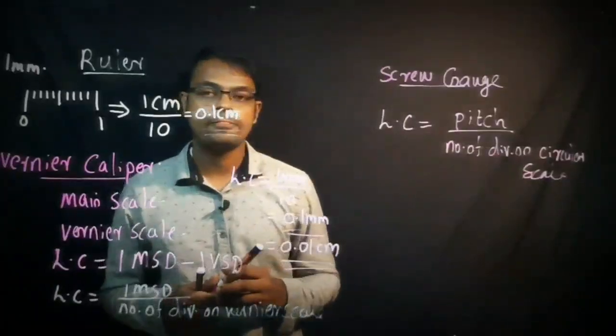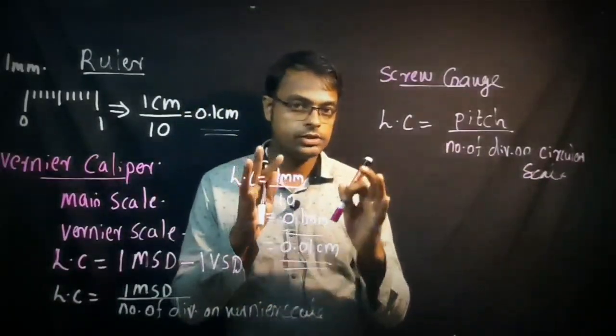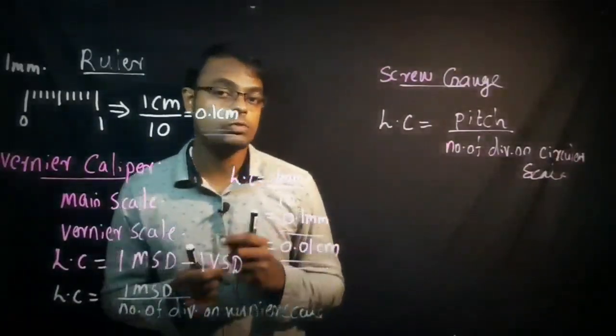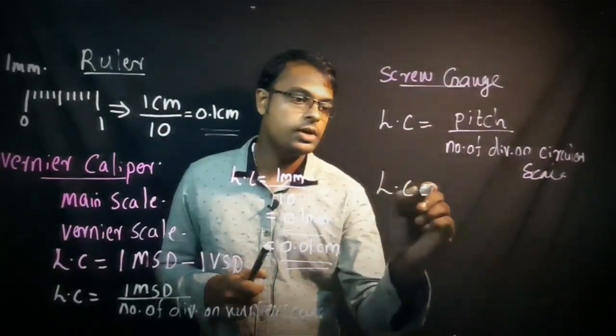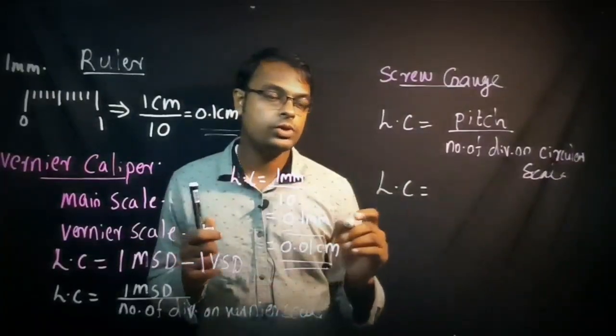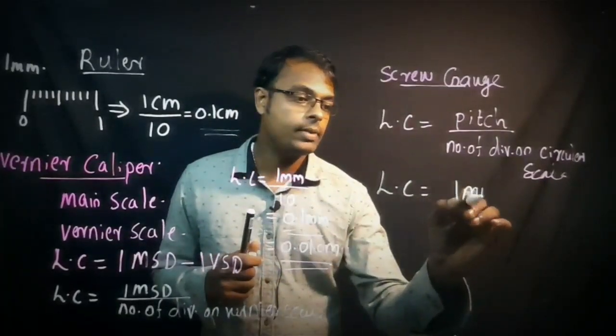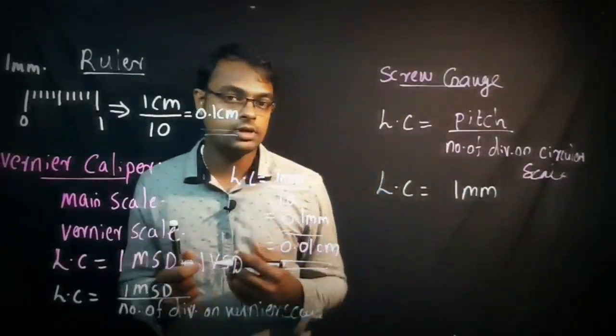Generally there are 100 small divisions on the circular scale. Usually the pitch of a screw gauge is equal to 1 mm. What pitch is, we will discuss in detail later.